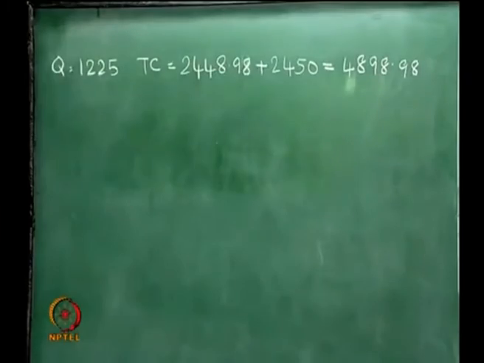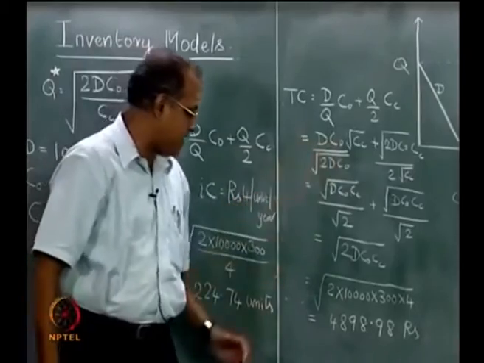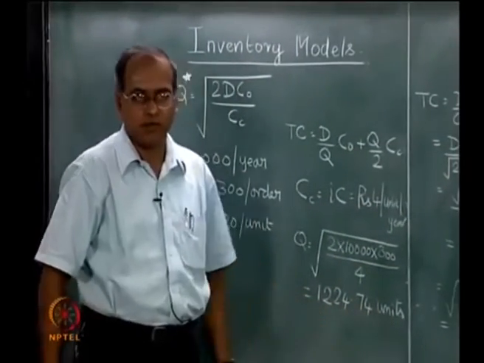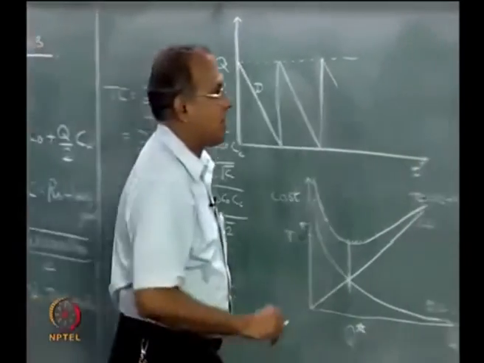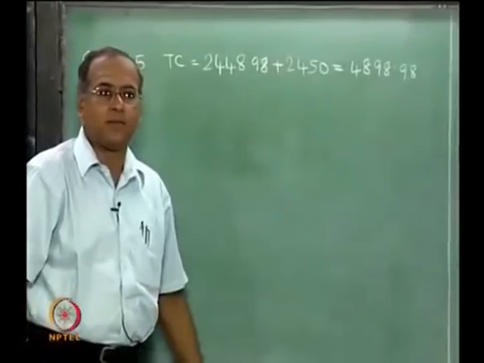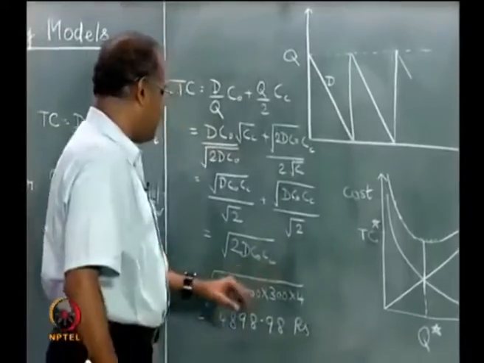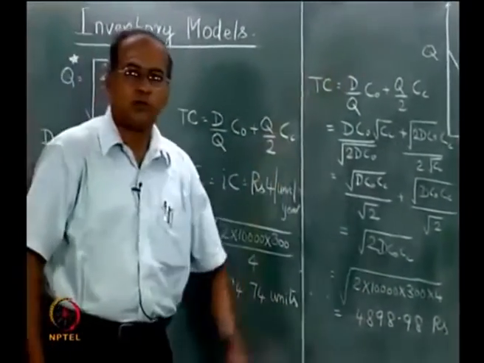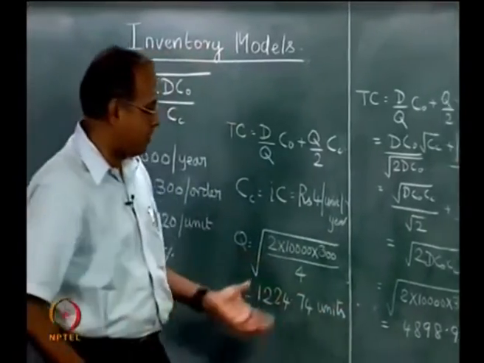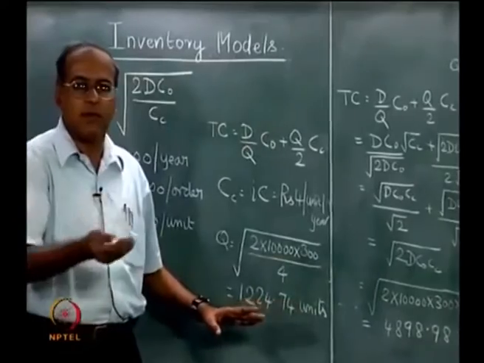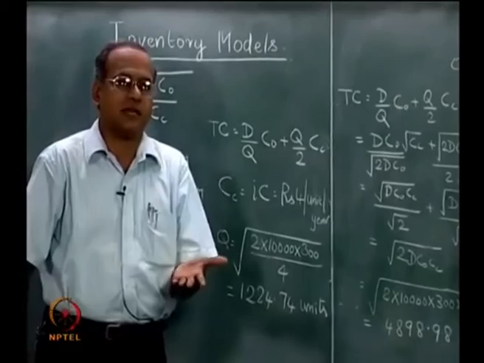When we substitute q equal to 1225, which is the closest integer value to 1224.74, the total cost remains at 4898.98, which is the absolute minimum. So, between 1224.74 and 1225 there is absolutely no loss. So, instead of implementing 1224.74, we could implement 1225 if we have to keep q as an integer.